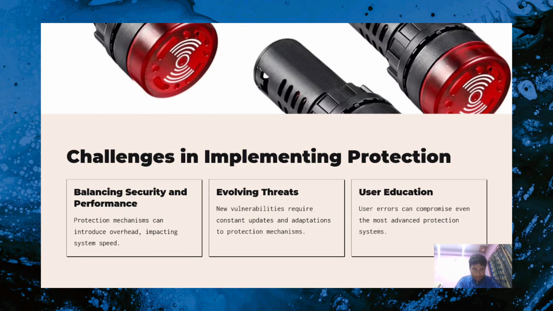Challenges of implementing protection. The first challenge is balancing security and performance. You might find some systems which are truly secure to the limit but too slow to perform, and some systems which are really fast at processing but don't have proper security.